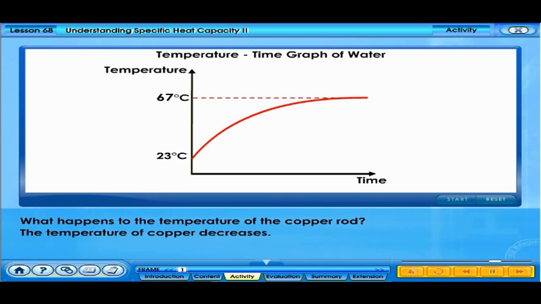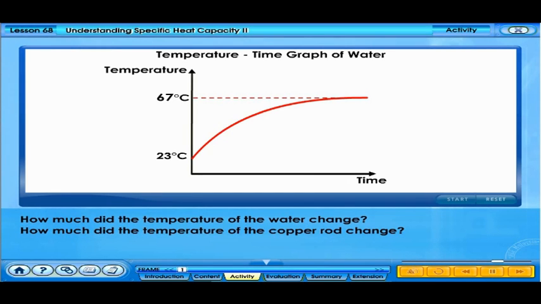The temperature of copper decreases. How much did the temperature of the water change? How much did the temperature of the copper rod change?